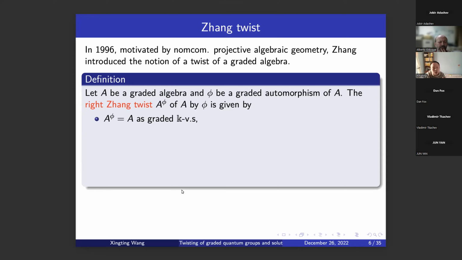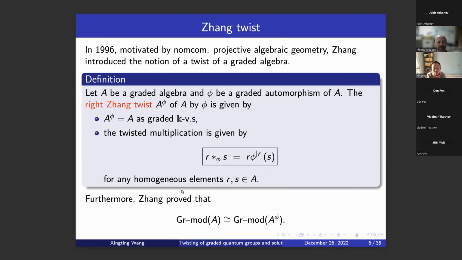Now we can define the two-sided twist. So let me keep notation consistent. A right Zhang twist, which we denote by A^φ, is defined as follows. I keep the grading the same. So A^φ is the same as A with the grading as a graded vector space. But the structure, the graded multiplication, gets twisted. So how does the twisting work?